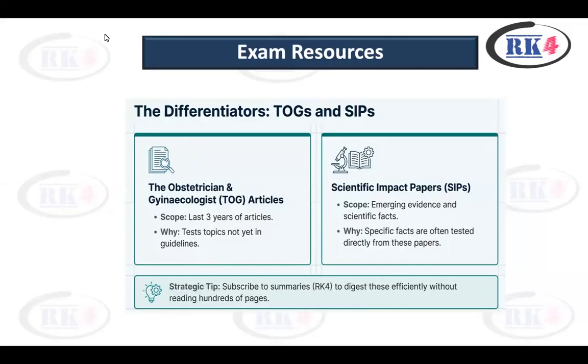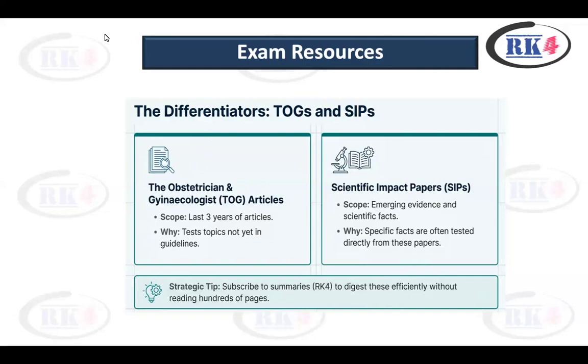And when it comes to deciding which option to choose, if a topic is given in the TOG article and in the scientific impact paper, I would go with the scientific impact paper figures, because that is directly from RCOG. So that carries more weightage than the TOG articles.